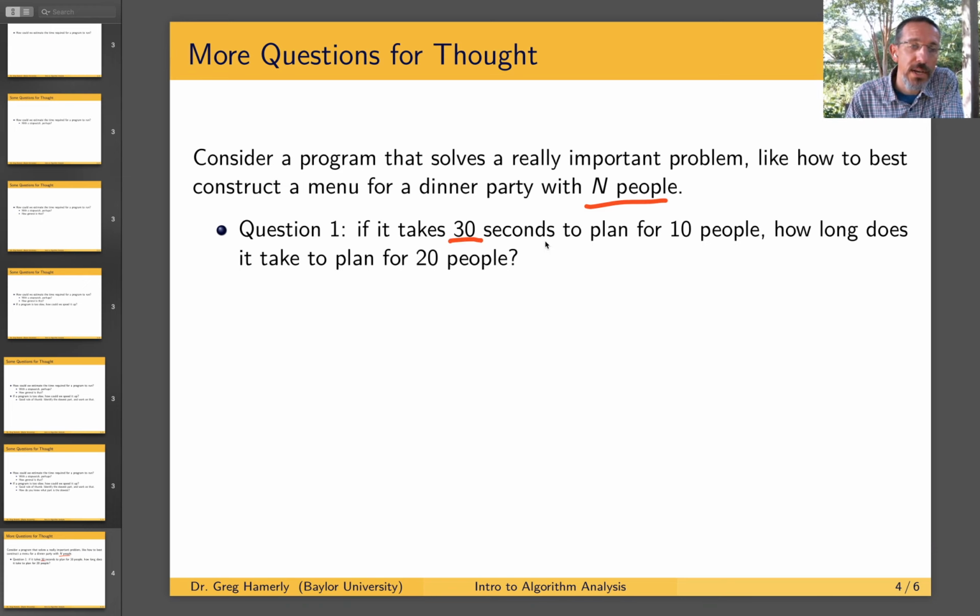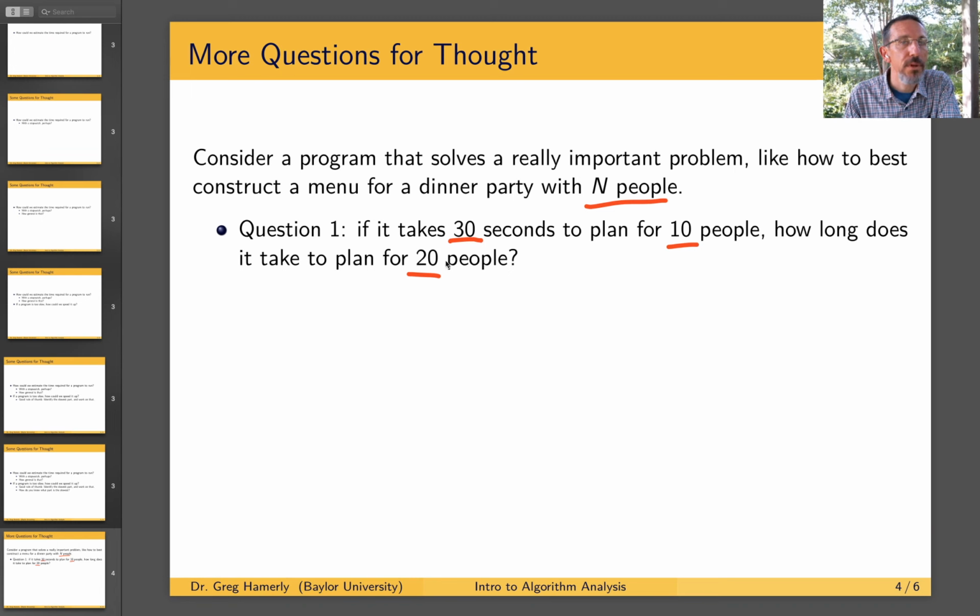If it takes 30 seconds to make a plan for 10 people, how long does it take to plan for 20 people? Well, your immediate reaction might be that it takes 60 seconds, because you double the number of people, you double the amount of time.